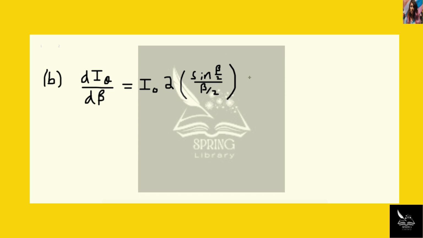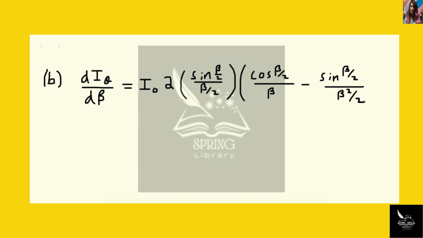Now we have to differentiate what was inside the parentheses. So this ends up being cosine beta over 2 divided by beta, minus, you still have the sine of beta over 2 divided by beta squared over 2.